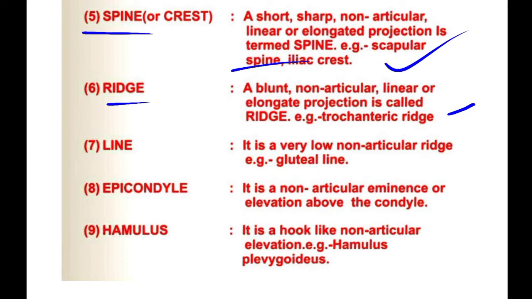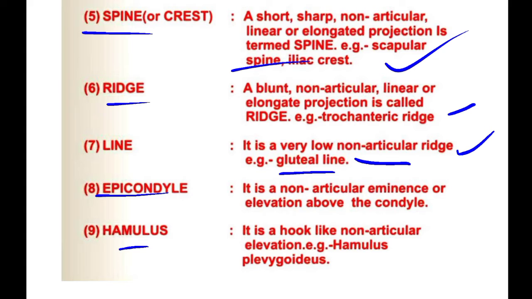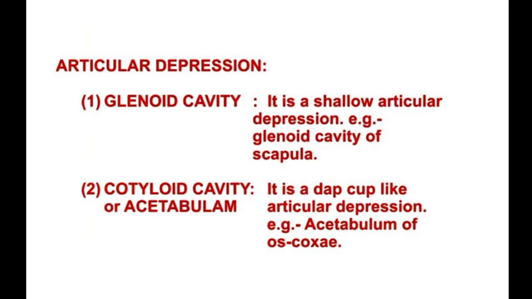Next one, line and epicondyle. Line, a very low non-articular ridge, gluteal line, present on the posterior surface of the tibia. Epicondyle, a non-articular eminence or elevation above the condyle. Hamulus, a hook-like non-articular elevation, hamulus pterygoideus.